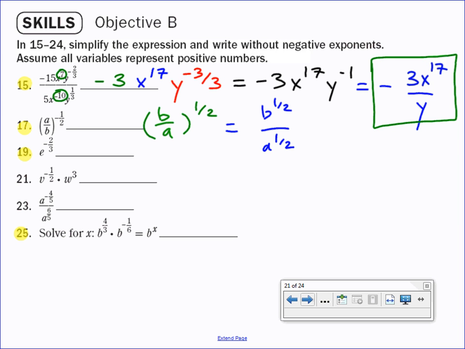And that's as far as we can go. Number 19, e to the negative 2/3. That's a one-stepper. That's the same as 1 over e to the positive 2/3. That's it.